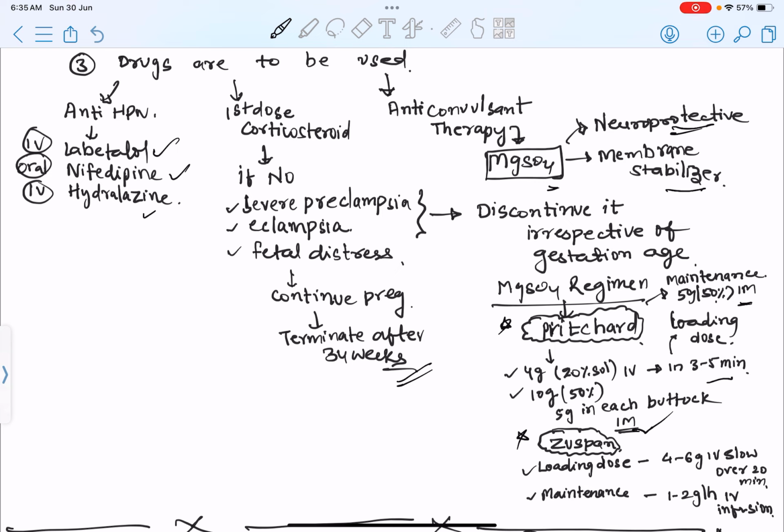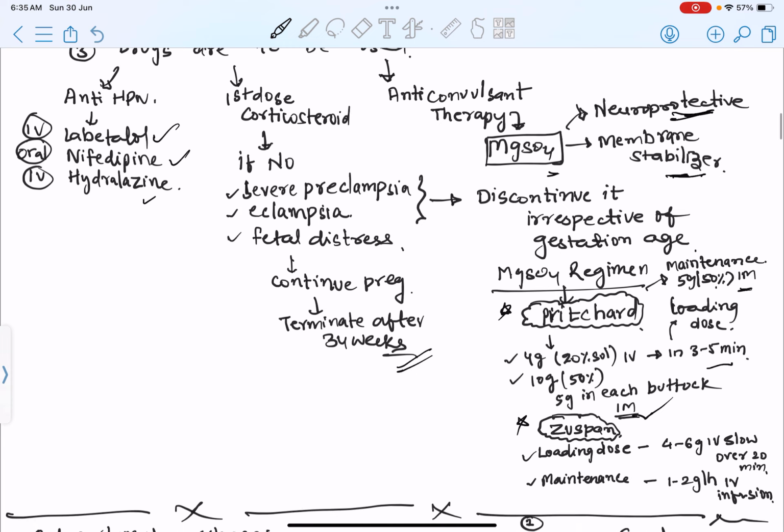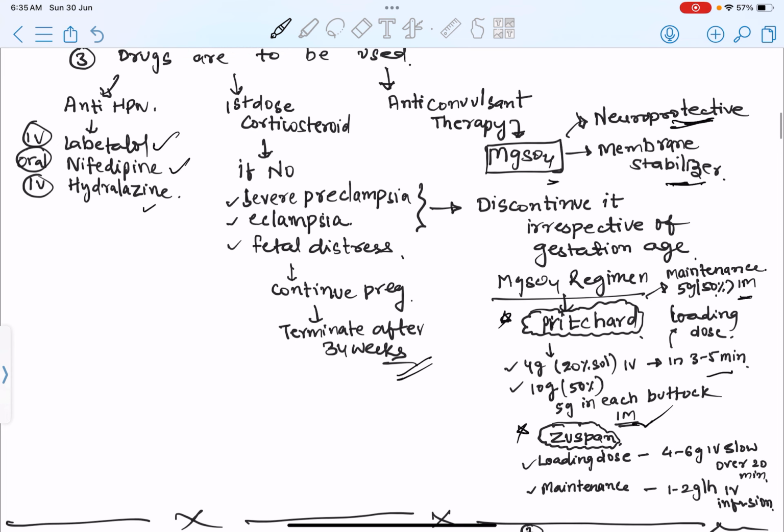The anticonvulsive therapy used in pregnancy induced hypertension is MgSO4, which is magnesium sulfate. It is a neuroprotective agent and membrane stabilizer. Now, MgSO4 has two important regimes, which is Pritchard's regime and Zuspan regime.